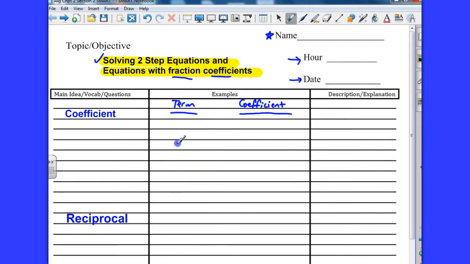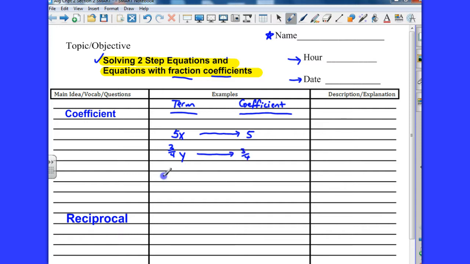Well, a term is basically anything that could be a number, or it could be a number times a variable. For example, 5x is a term. In this term, the coefficient is 5. That's the number in front of the x. Let's try one with a fraction. You could have, say, 3/4 y. The coefficient of 3/4 y is the 3/4.